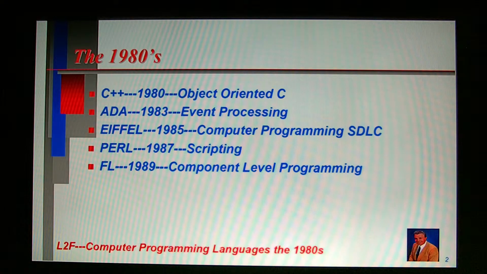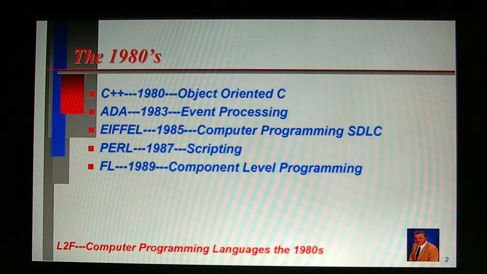The Eiffel computer programming language emphasized the importance of the design, development, implementation, and maintenance lifecycle for computer programming languages over execution performance. The Perl computer programming language introduced the family of computer programming scripting languages that could create computer programming application solutions with a short lead time.